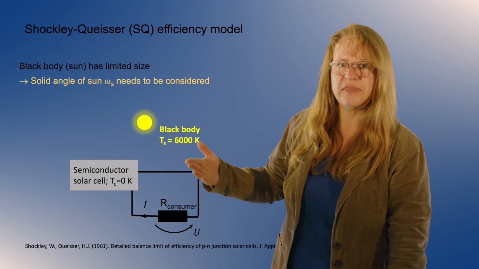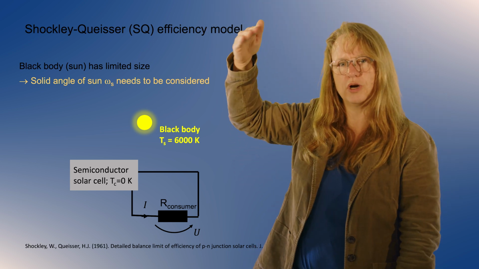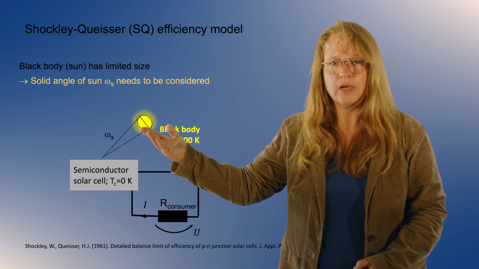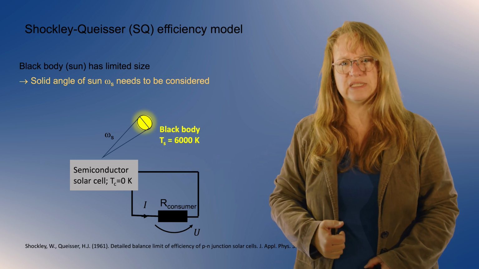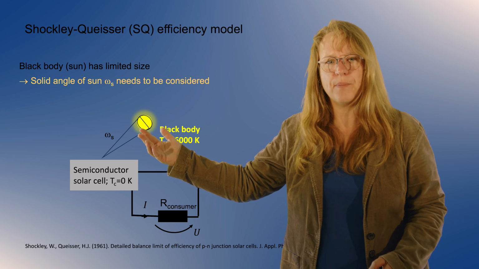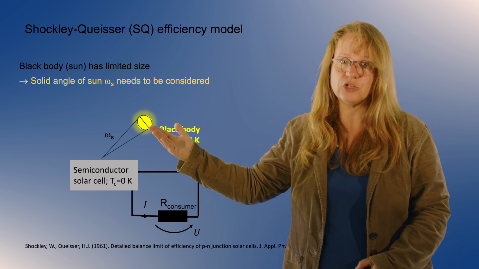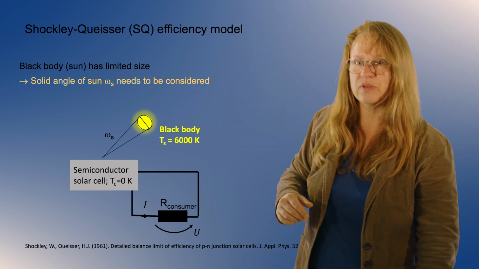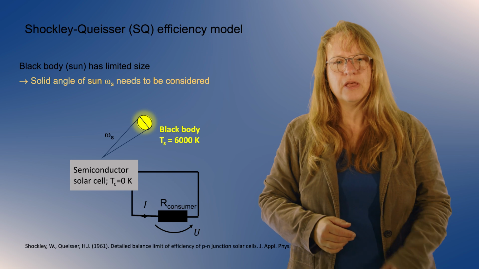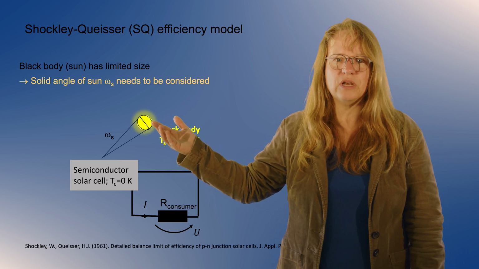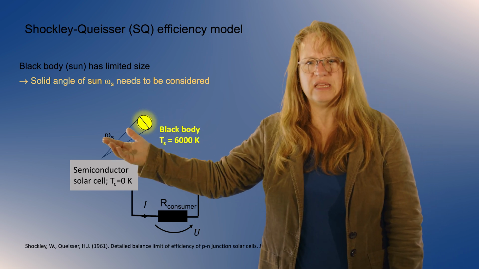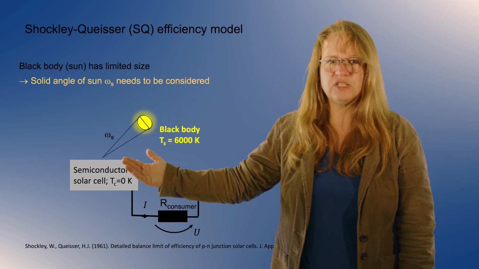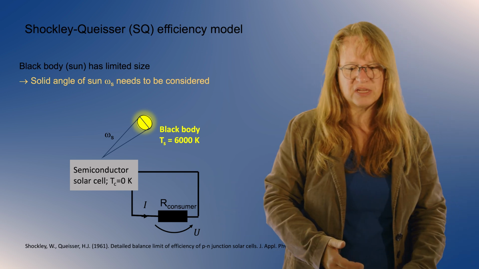And in order to consider that the sun is not everywhere, but only in a certain area, what is done typically is to calculate the solid angle of the sun under which we view the sun. And this solid angle here is called omega s. So the omega s is the solid angle of where the sun is compared to the whole surrounding areas of the solar cell. So of course, if we now have only part of the sky sending out radiation at 6,000 Kelvin, then this will be significantly less energy that can be extracted.